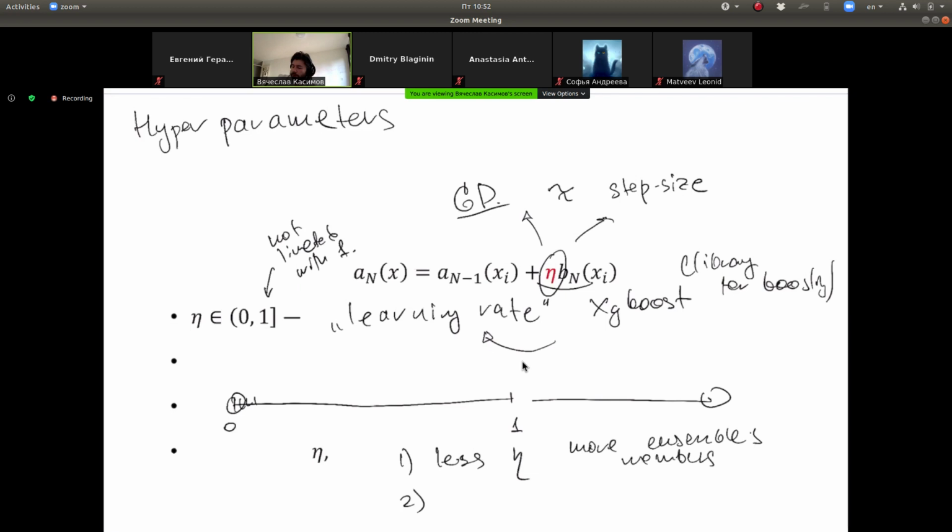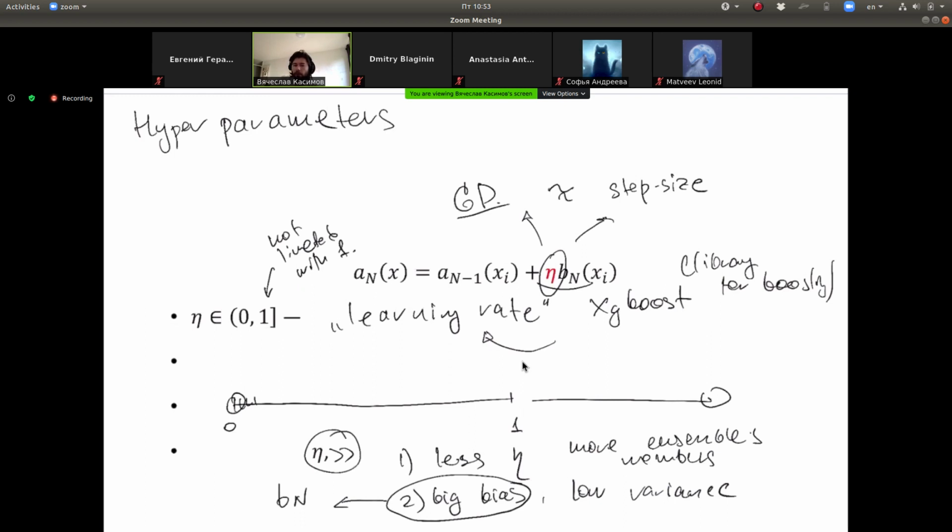Second thought: let's remember the recommendation to use algorithms that each have big bias but low variance. If each one has big bias, it's maybe not a very good idea to use a very big step size.